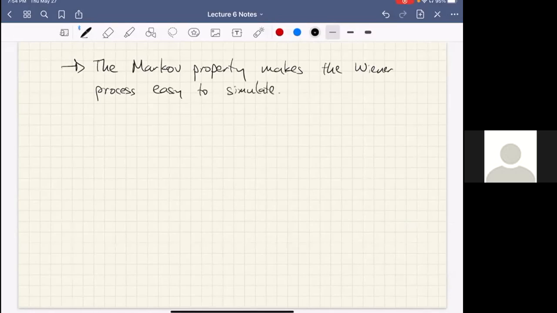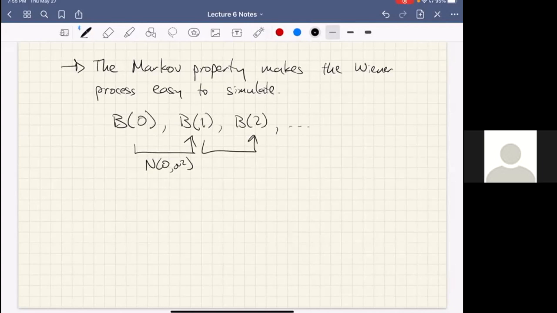You can pick whatever time base you want, but if we go with an integer time base and we want to simulate B0, B1, B2, and so on, remember our argument: going from here to here, it's just a Gaussian random variable with mean 0 and variance sigma squared.